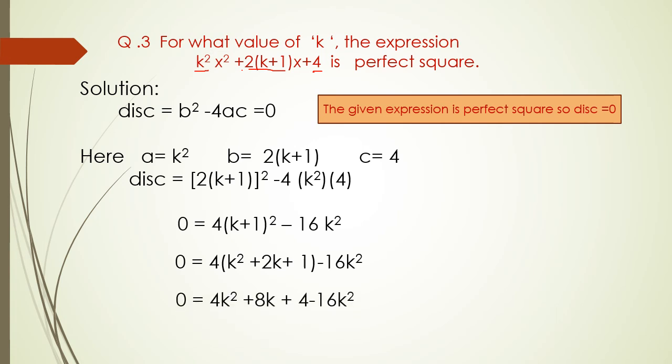Further students, this 4 is going to be multiplied with this whole bracket. So the equation becomes 0 equals to 4k square plus 8k plus 4 minus 16k square. Now further students, after simplifying the like terms, 4k square and 16k square, our equation becomes 0 equals to minus 12k square plus 8k plus 4.